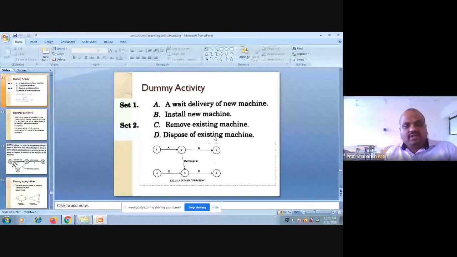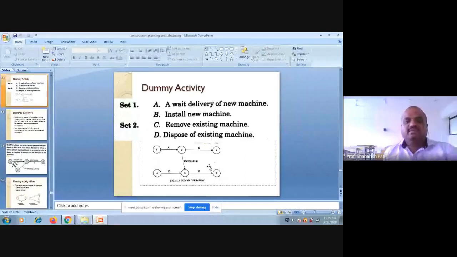Now the relation between events 2 and 5 is supposed to be joined by a dummy activity. This is called a dummy. A dummy activity consumes no resources and no time. It only enhances the graphical representation, the representation quality of the network diagram.